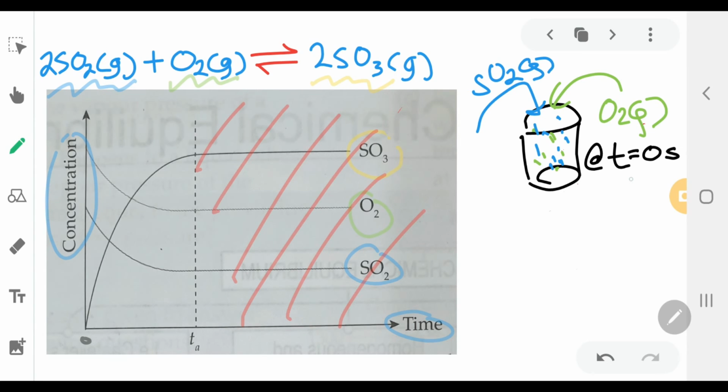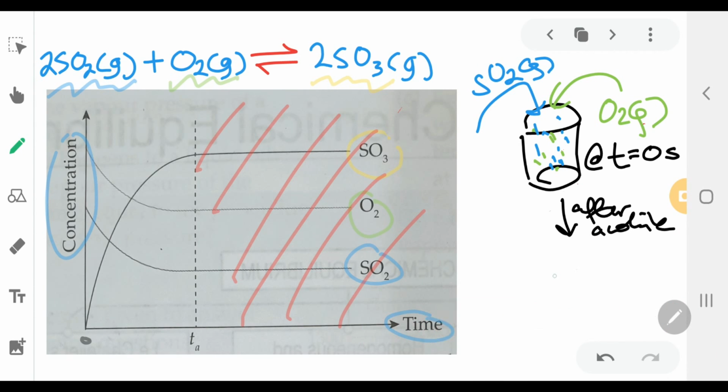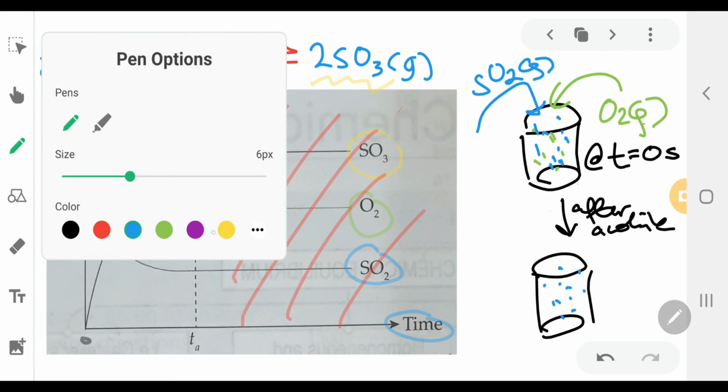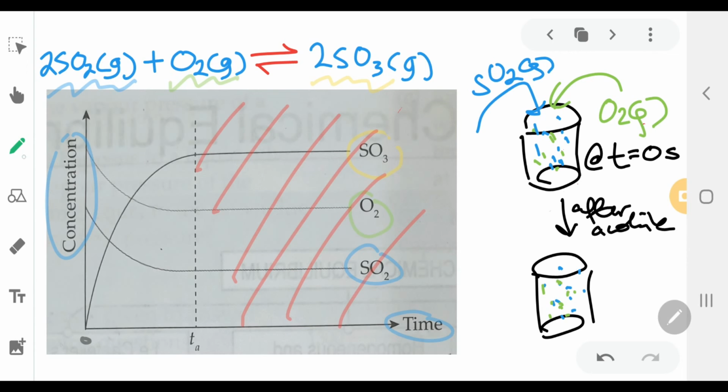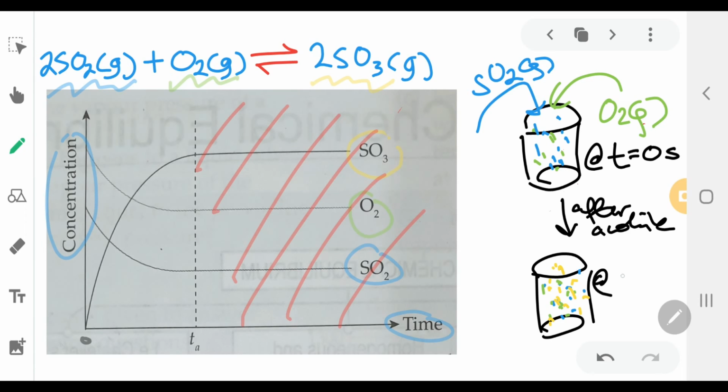All right, and then after a while, what you have now is you're still going to have the SO2, you're still going to have the green one, which is O2, but this time you start having SO3 in the same vessel, and this one is at t equals tA.